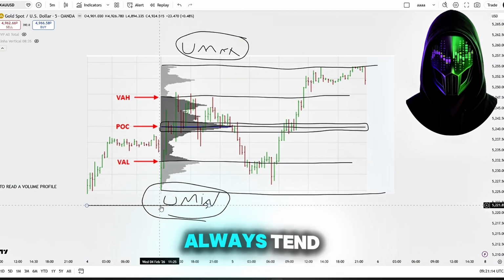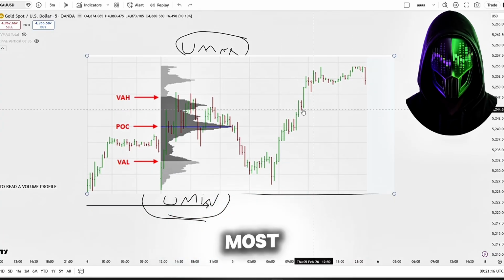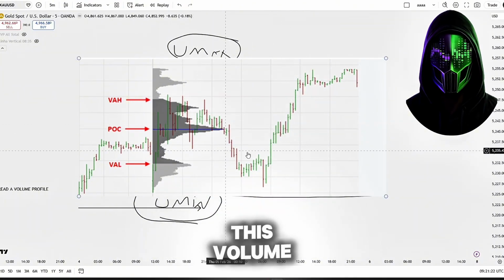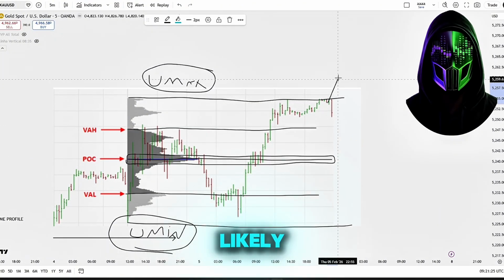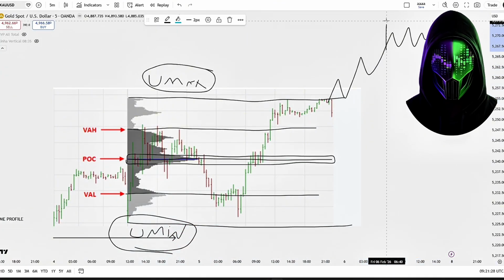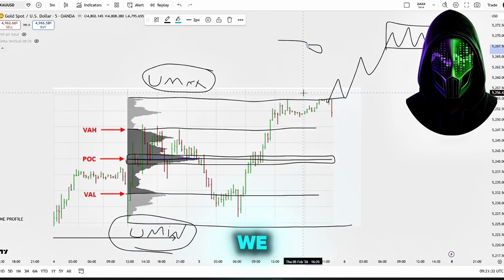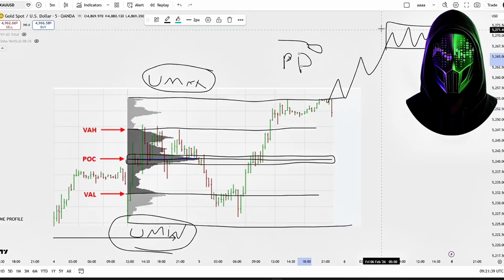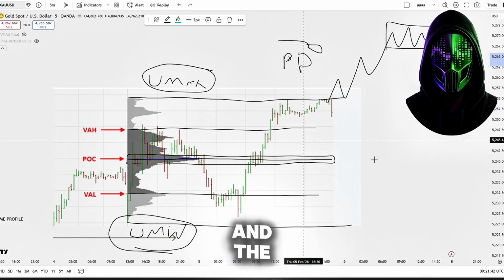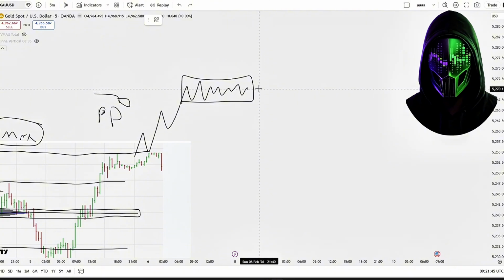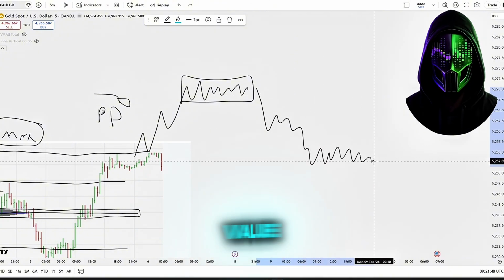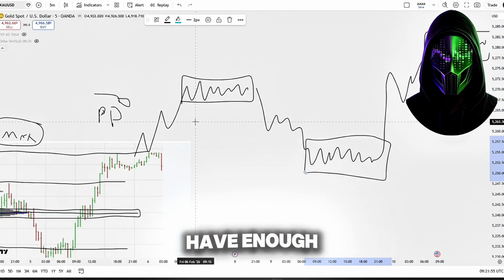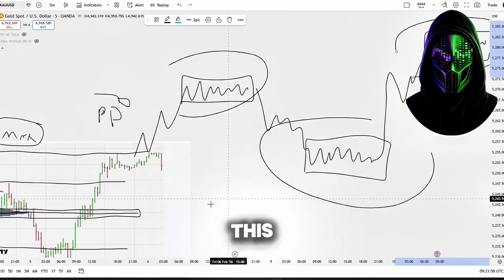The price always tends to return to the most volume area, and if the price doesn't return to this volume area, the price will likely find a new volume area, and this phase right here we call price discovery, because price will find another value area, and the market keeps doing this, and so on. Now we find a new value area, and price comes and finds a new value area. So dealers have enough liquidity to negotiate at these price levels.